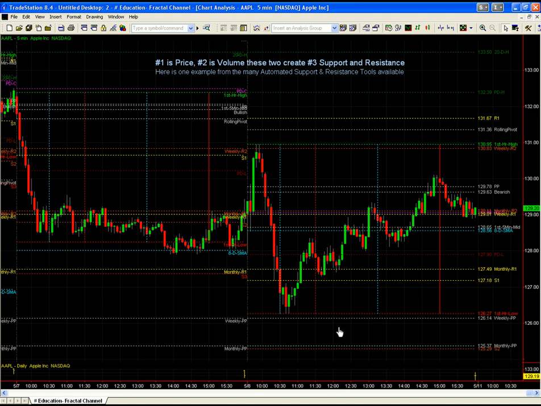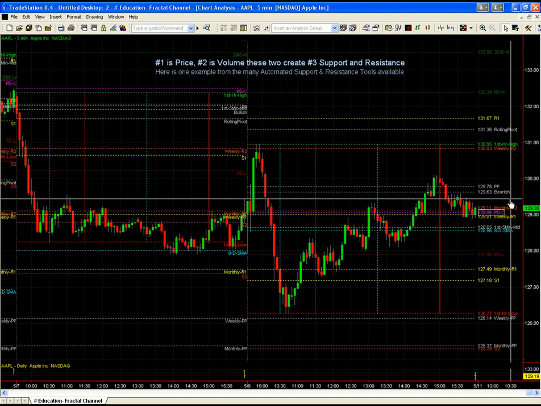Now this is a very advanced indicator that we have that shows, like, this is the monthly central pivot, pivot point, S2, which is the daily S2, the weekly pivot point, the first hour low, S1, the monthly R1, prior day low, the 8-day SMA, the weekly R1, and the monthly R2, and the prior day close.